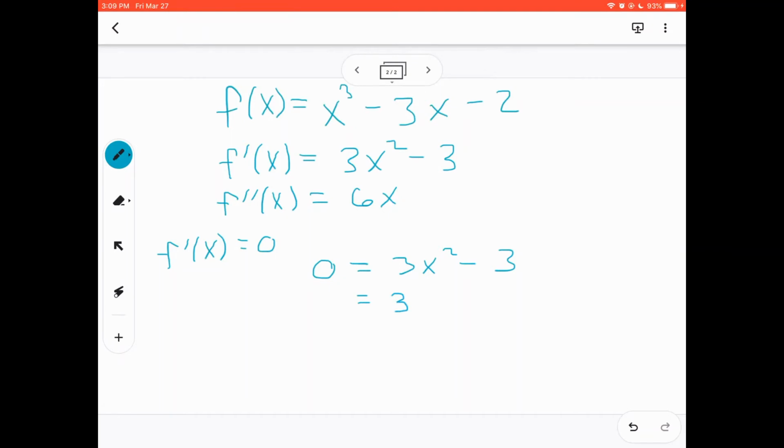Let's take out a 3, and we'll have x squared minus 1. And as you can see, that's a difference of squares, so we can just further factor that. That's x minus 1 times x plus 1. And then you should be able to see quite clearly that our zeros are x equals 1 and negative 1. So those are our critical points.